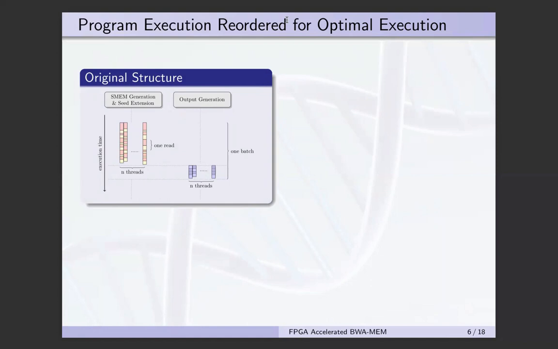So first we generate an SMEM, a seed, in the SMEM generation function, and then we extend that seed in the seed extension function. And after all these seed extensions have been completed, we go ahead and generate the outputs in a number of different threads in parallel.